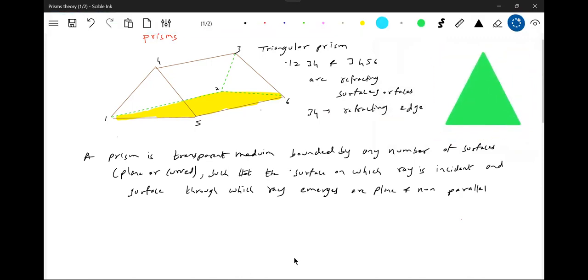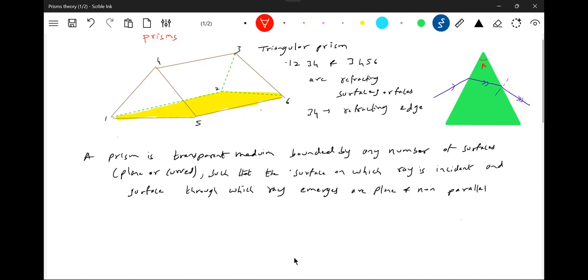A ray enters here, so it will be incident on a plane. Here the ray will be incident and undergo refraction. Then it will emerge again through another surface. This is the other refracting face. The angle between the two refracting faces will become the angle of prism.